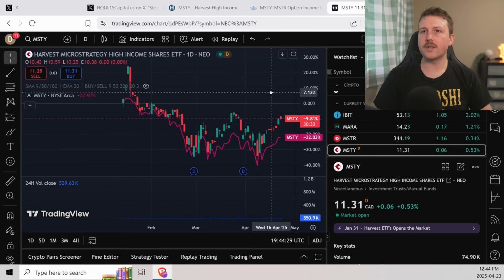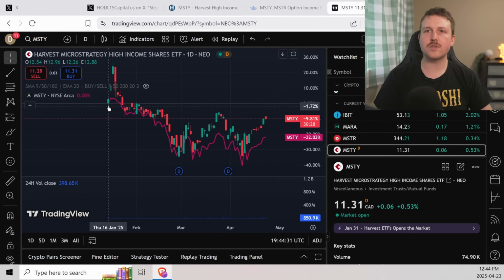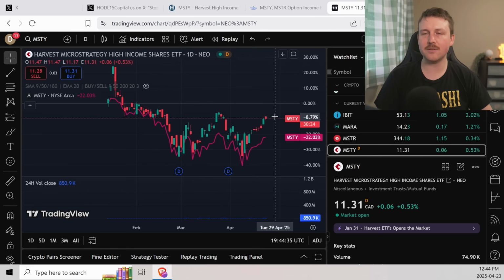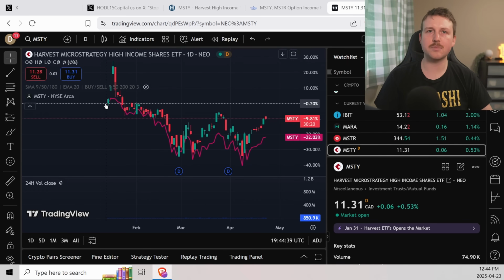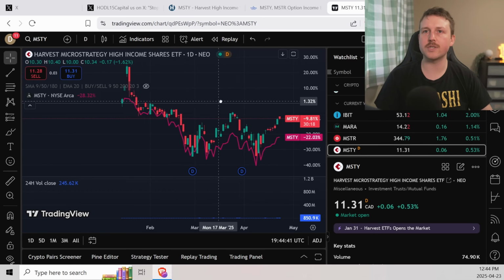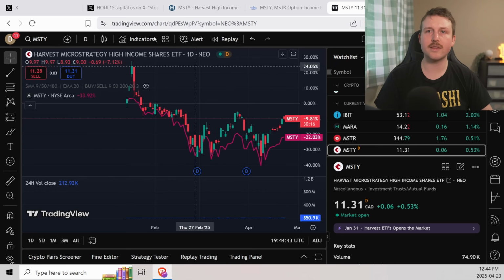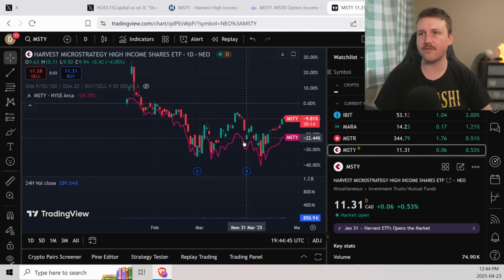So one chart here that we'll first look at is MSTY versus MSTY. In the candles here, we have the Canadian MSTY, and in the lines, we have the American MSTY. Since the inception of Canadian MSTY, there's no point to go back further than that with this specific comparison.